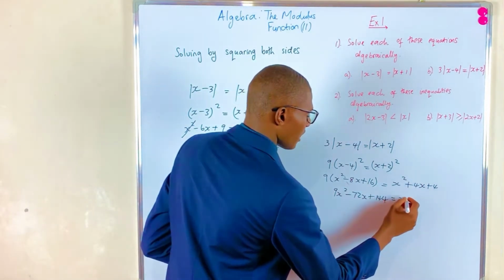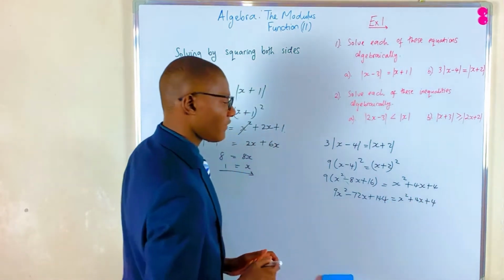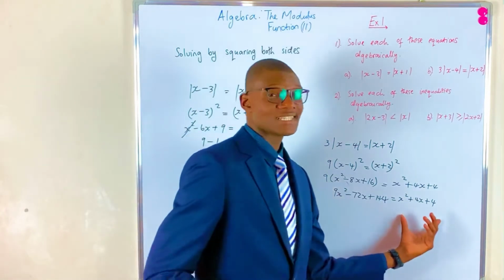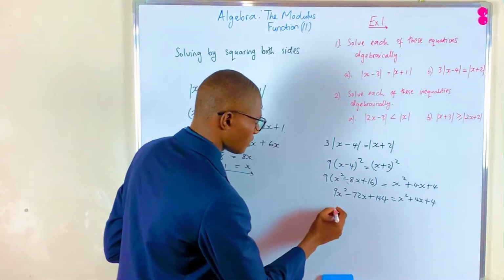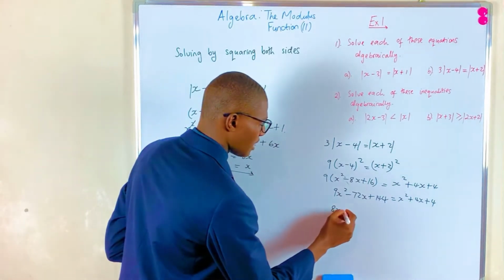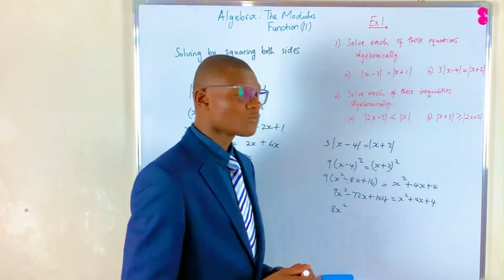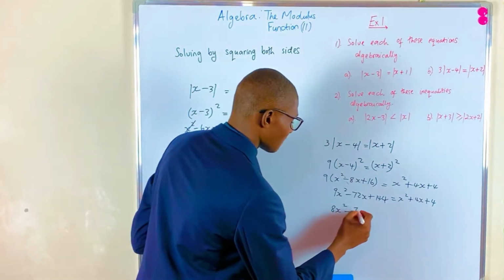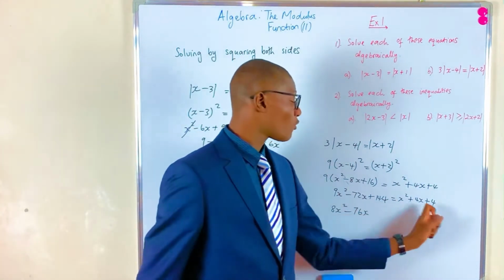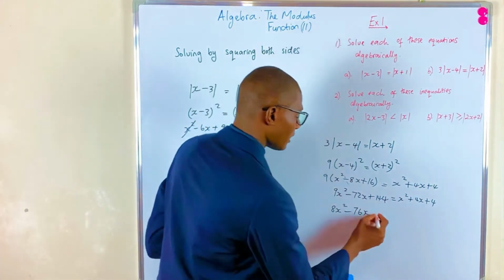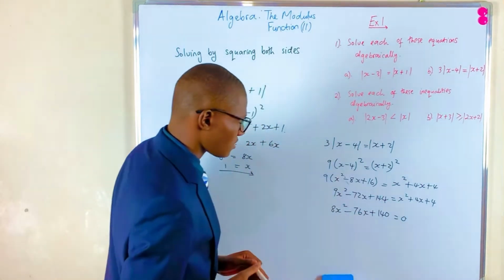This is equal to x squared plus 4x plus 4. Then if we take what's on the right hand side to the left hand side, we've got 9x squared minus x squared to get 8x squared. And then minus 72x minus 4x, we get minus 76x. And then plus 144 minus 4, we get plus 140. And this will give us a 0.